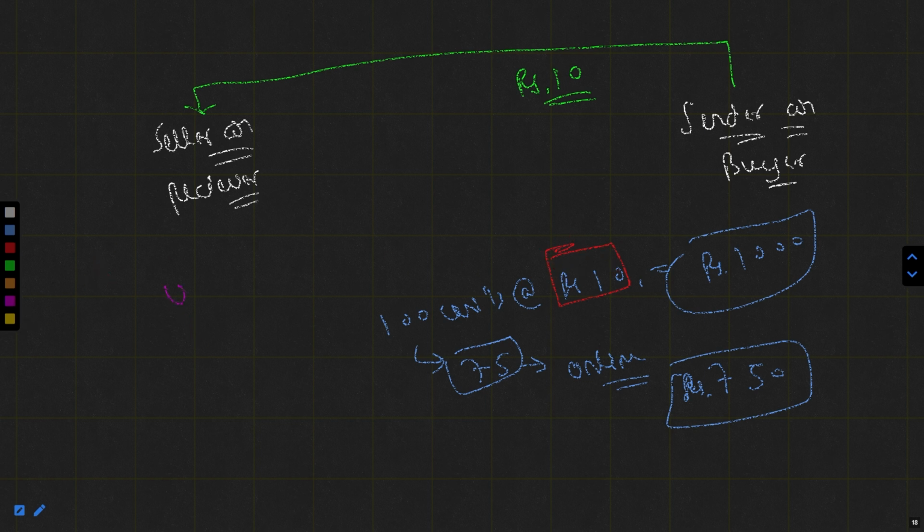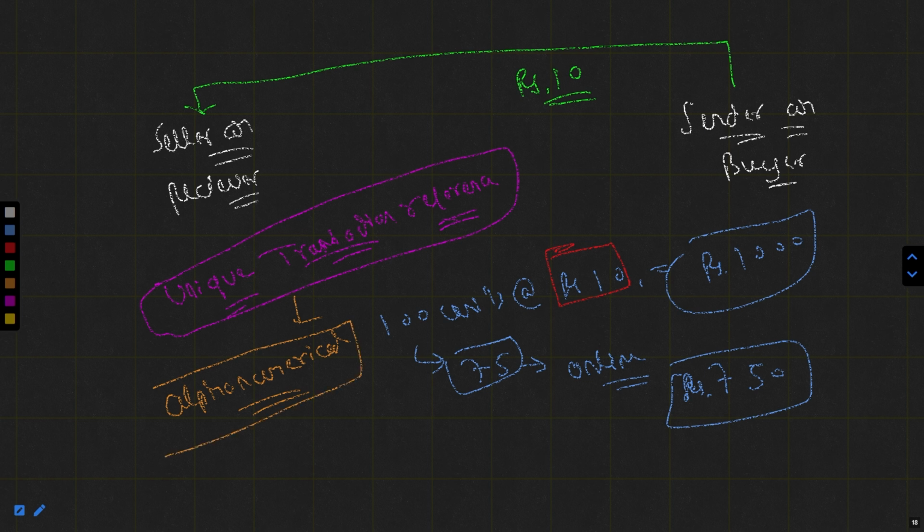At that place, the unique transaction reference, or the UTR, comes into the picture. For each of the 75 transactions, a UTR will be made. This is an alphanumerical reference.